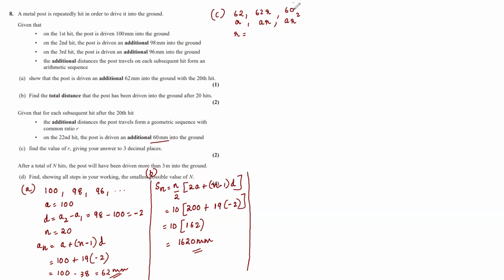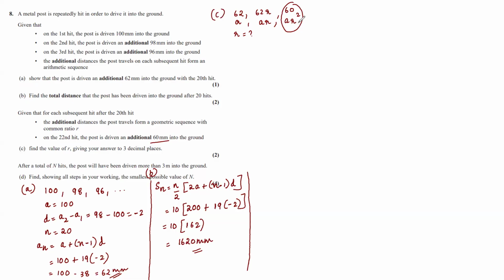So this 22nd hit is the third term. 20th term was 62. 21st term will be a multiplied by r, second term. So a is 62, r is what we need to find out. So for the time being, let's take it as 62r. And the third term, that is 22nd term, is mentioned as 60.